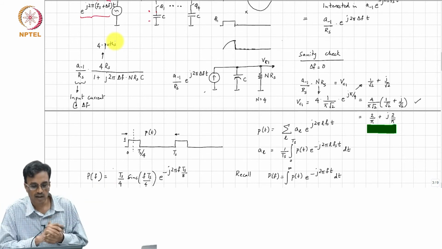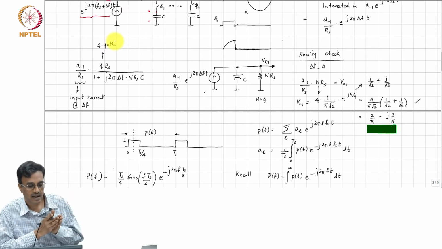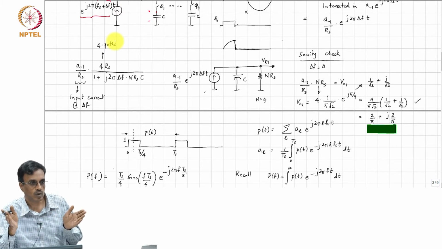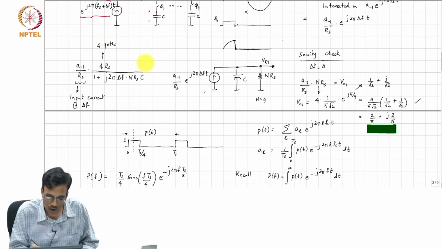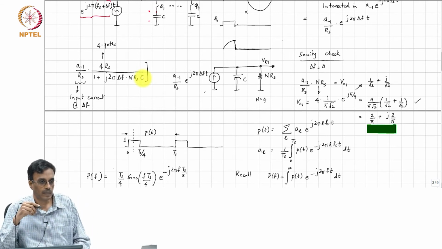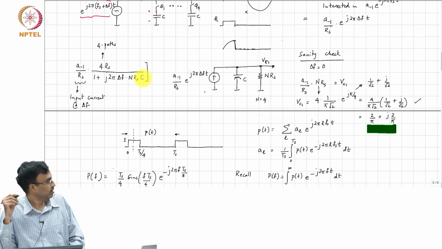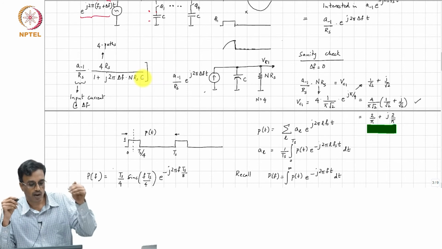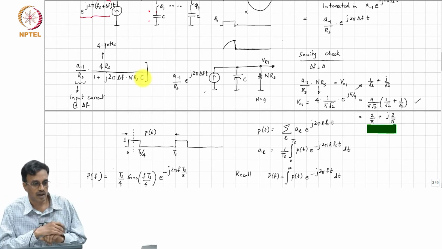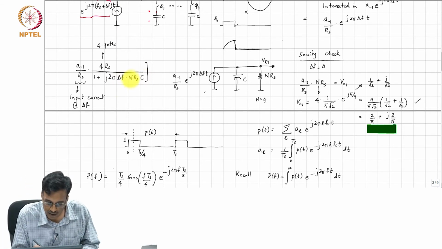This is telling us stuff that we know already, namely if delta f is 0, then you get the maximum voltage, right. As delta f deviates from 0, what comment can you make about the magnitude of this? It decreases, correct. And within quotes, what is the bandwidth? For what delta f will the amplitude reduce by a factor of root 2? Yeah, exactly. So, basically this is n is 4.